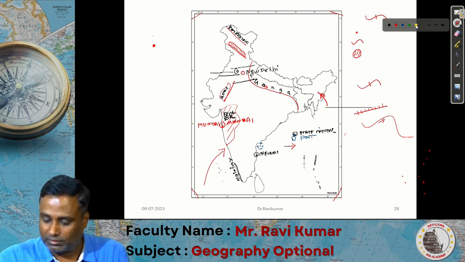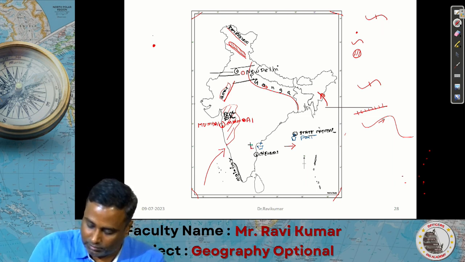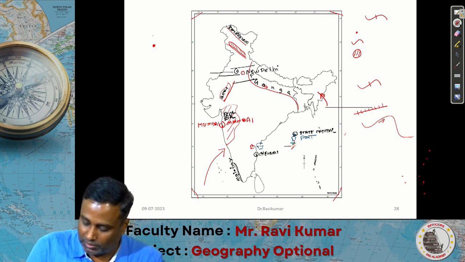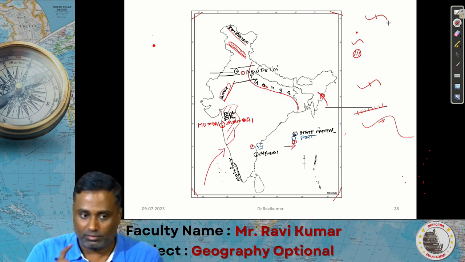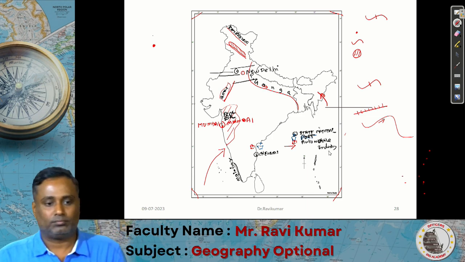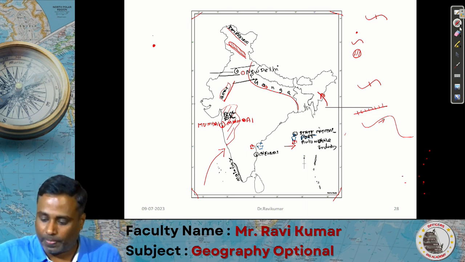And I take some red color. I draw something, then I mark here the same symbol, same size, but whatever I write, we write in black color, right? Don't forget, it should be in black color. I am saying automobiles, automobile industry. Clear?